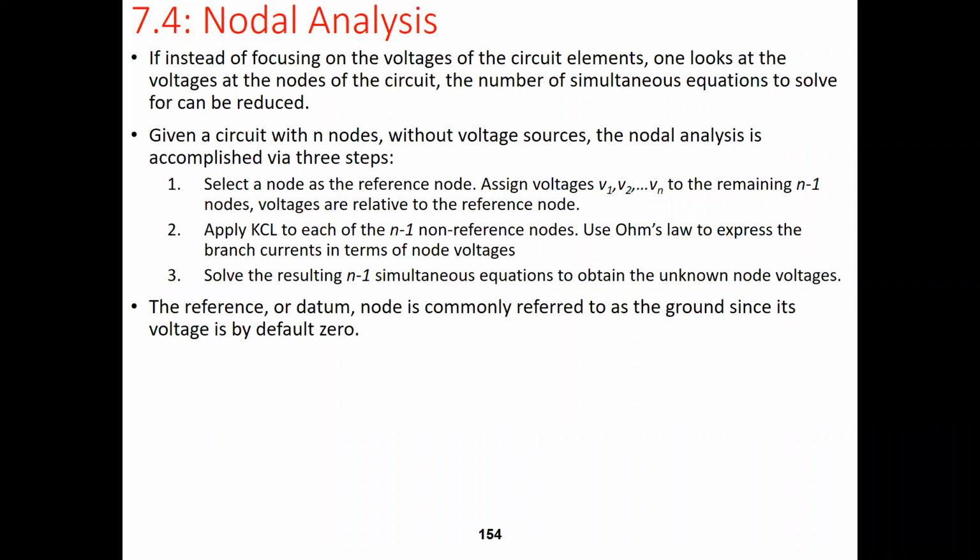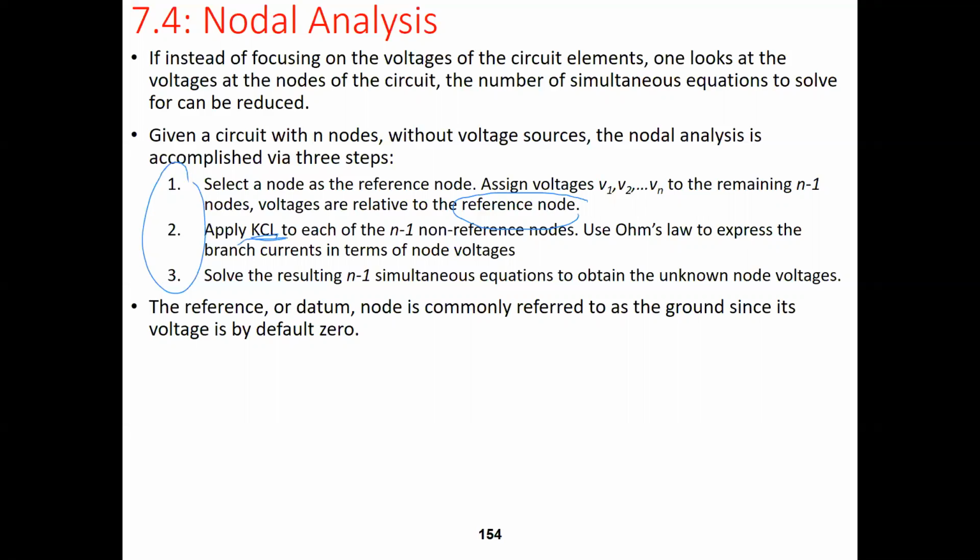So these are the 3 steps to analyze the circuit using nodal analysis. Select a node as the reference node, and assign voltages V1, V2, until the end to the remaining N-1 nodes. Voltages are relative to the reference node. I will explain what the reference node is.